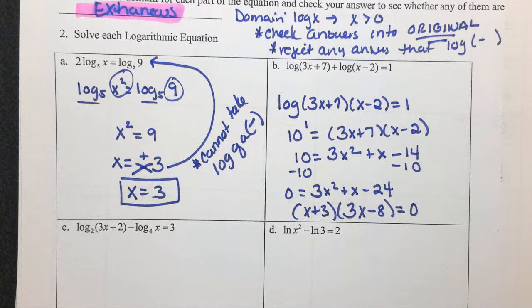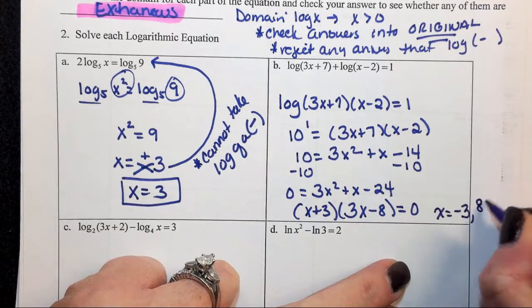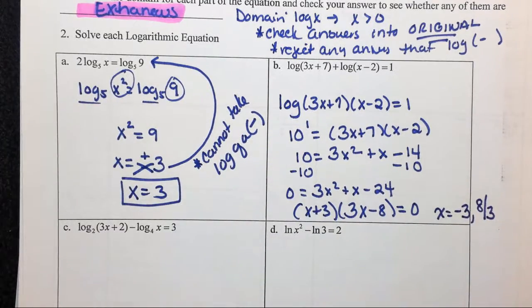You end up with x plus 3 times 3x minus 8. So now what are your solutions going to be? x is equal to negative 3 and 8/3.